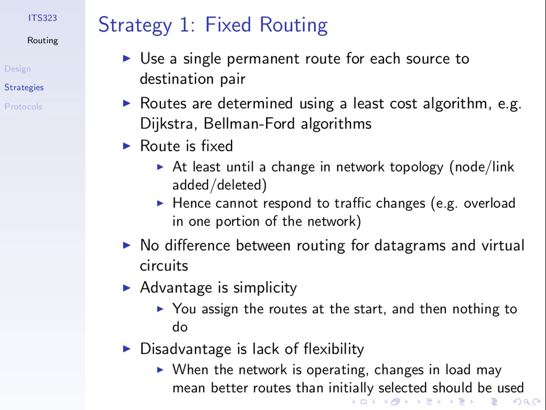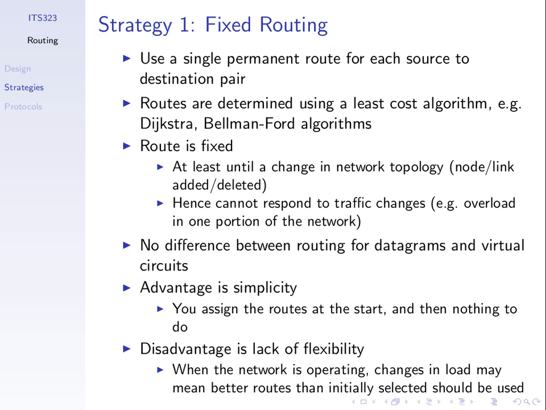I built the network, I know where the nodes are, I know the costs between the nodes, so I know all the information about the network topology. Before I turn on the network, I calculate the least cost paths, program those paths into each node, turn on every node, and for the lifetime of that network, they use those programmed routes or paths.